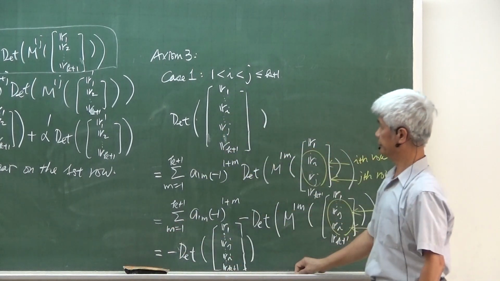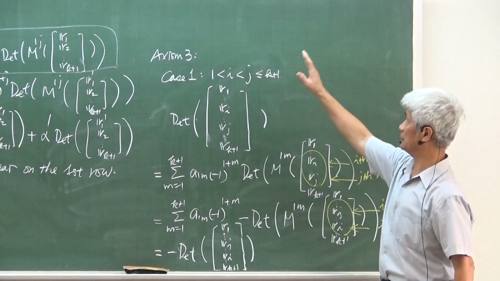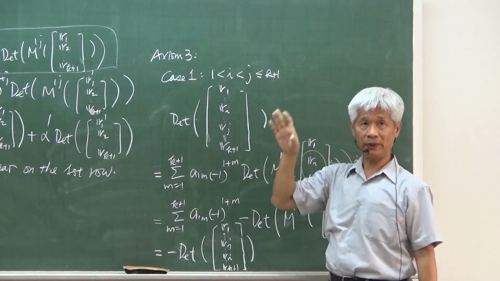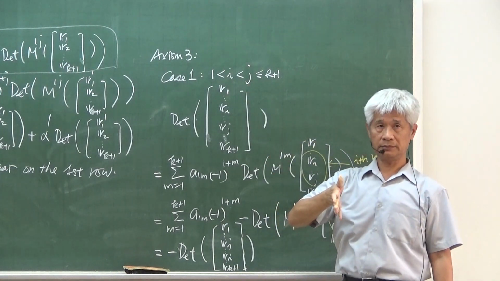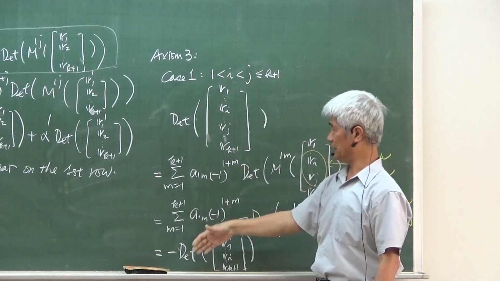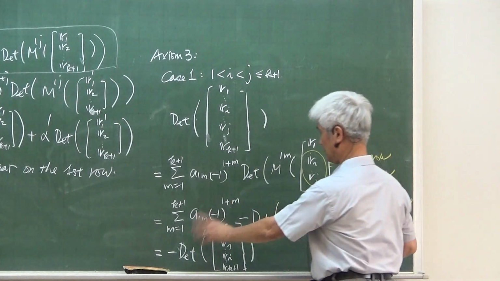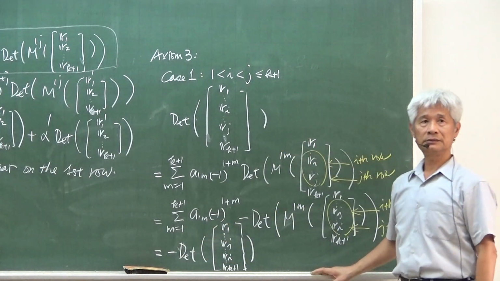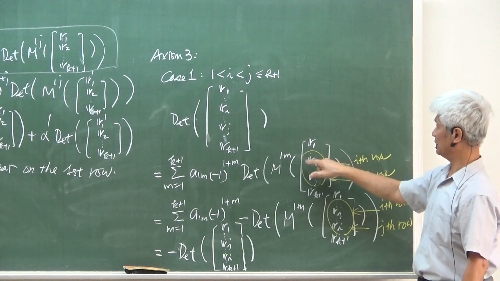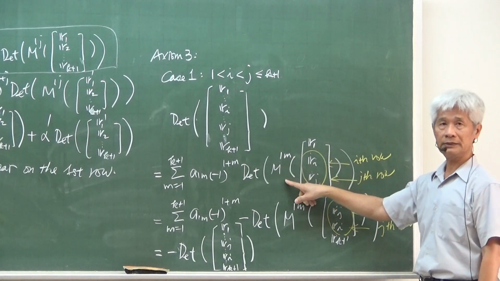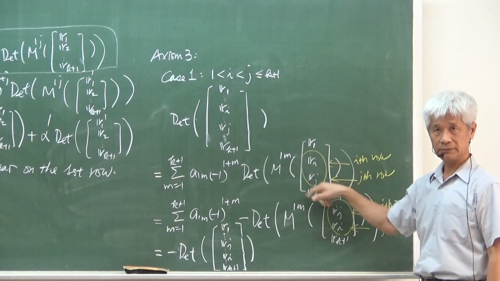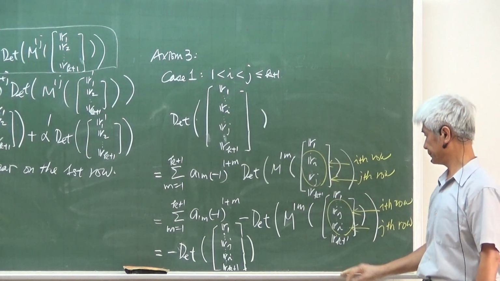Alright, so we've done, for example, case number 1: if i and j are bigger than 1. So by the formula, automatically we have to change the sign, because in here we have to exchange the sign for this k times k submatrix.